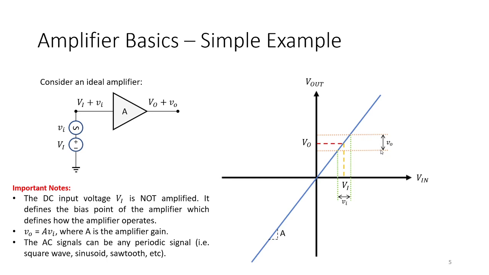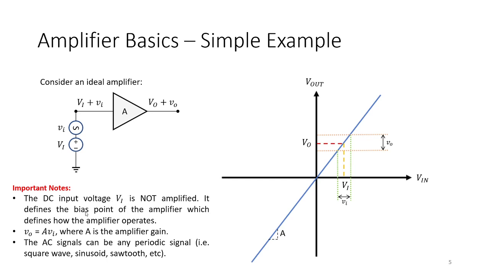Important notes. Commonly in an amplifier, the DC input voltage is not amplified, because the capital V, capital I quantity on the input side defines the bias point of the amplifier, which defines how the amplifier operates. To understand this more, we're going to discuss real amplifiers later. But the point is, you do not amplify the DC bias.